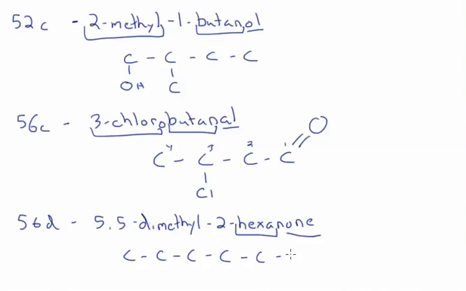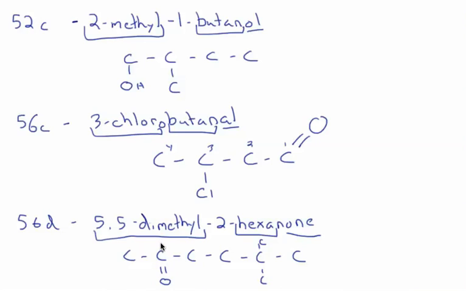We also know that on carbon 5 there are 2 methyls. So 1, 2, 3, 4, 5. So this is 5,5-dimethyl-2-hexanone. Because this involves further branches over here, we wouldn't use our common naming for this. So this would be the only name we would have for this one.